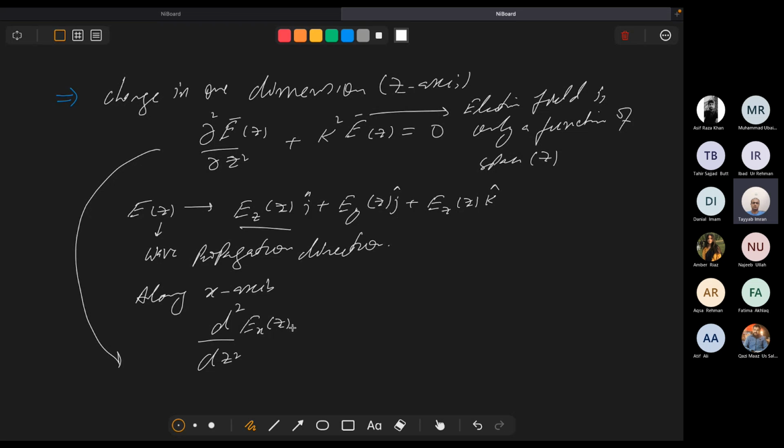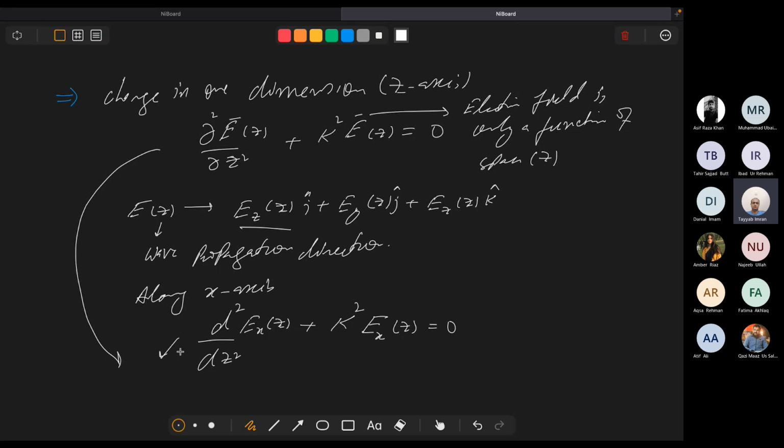So Z is basically the propagation direction, and X is the coordinate, ठीक है, x-axis, and so the whole equation will be like this. ठीक है.